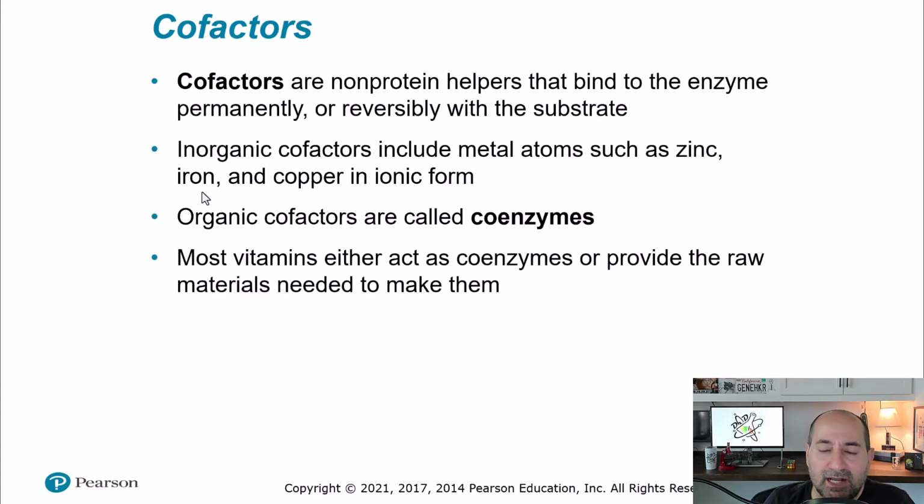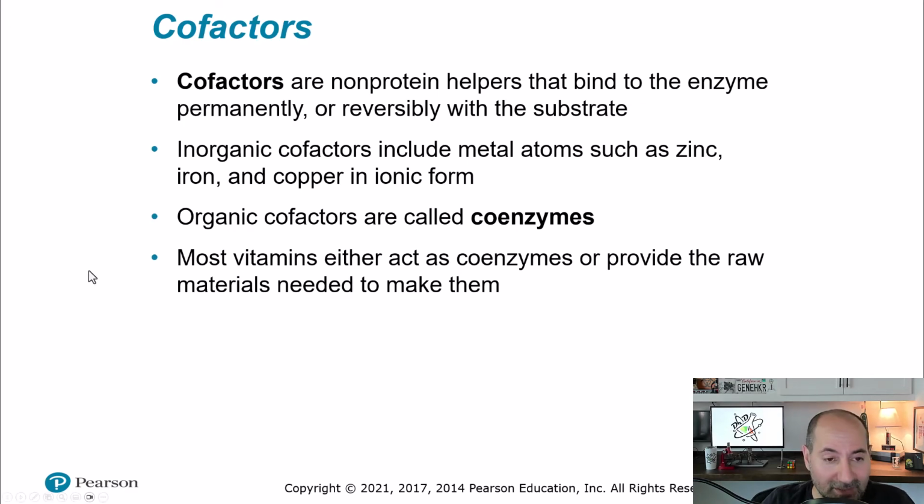For instance, calcium might be a cofactor for a protein, right? You know how you have calcium in milk? Well, calcium is a cofactor. Isn't that interesting? Different elements are required for proper function of different proteins. But again, not all proteins require a cofactor.